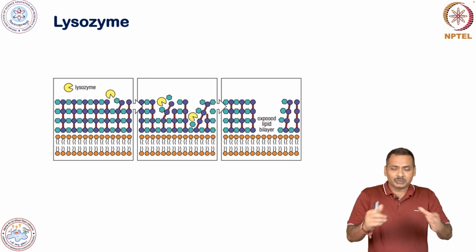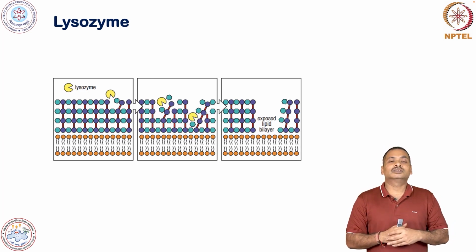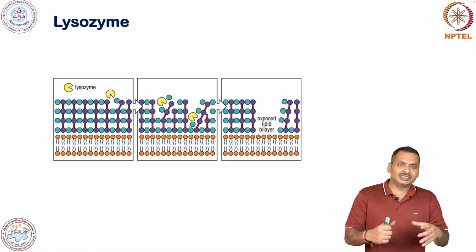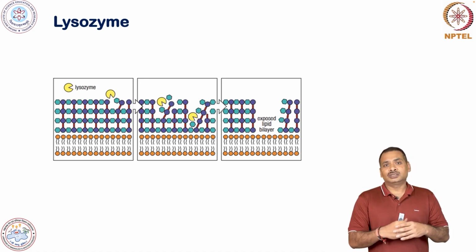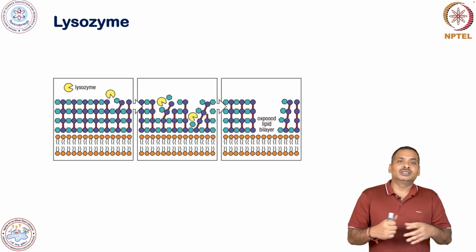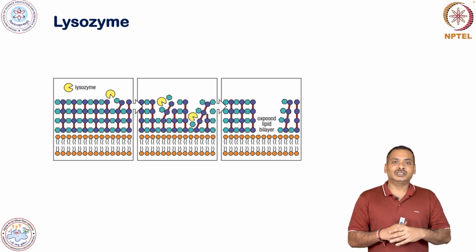Okay, once the wall is disrupted, then the bacteria will no longer live. Okay, so this is about lysozyme. In the next session I will talk about some more antimicrobial peptides and proteins, and I will also discuss the microbiological barriers. Okay, thank you.